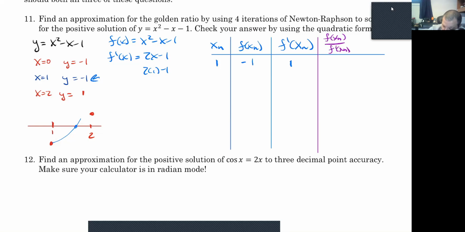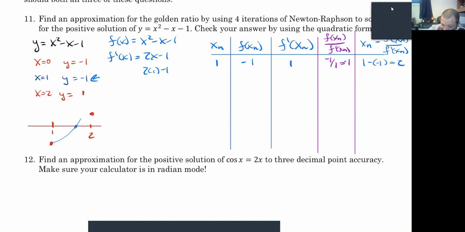So negative 1 over 1 is equal to negative 1. And then we take our current x and subtract off that ratio. So when I do that, I get 1 minus negative 1, which is 2. So I guess I should have started with 2.